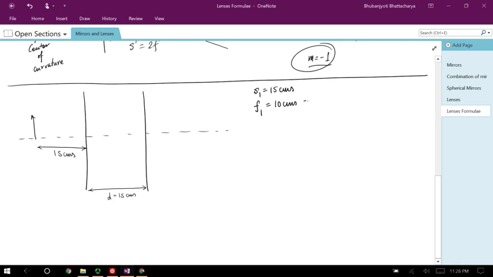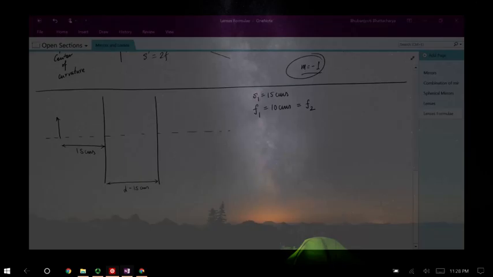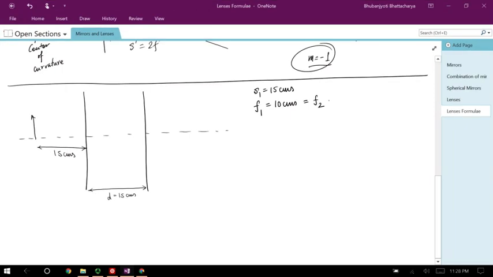F1 and F2 are the same, both given as 10 centimeters. Since the focal length is positive, what kind of lens is this? It has to be a converging lens, and in our case, generally a biconvex lens.